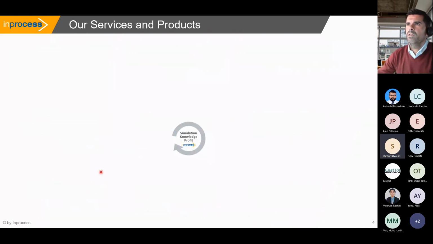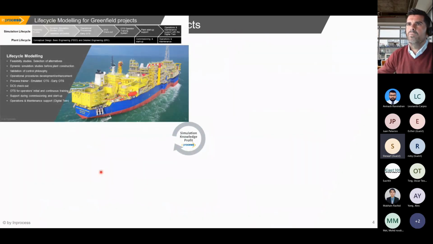So one of the key facts today, we are going to talk in detail about such an approach, which is called life cycle modeling. Life cycle modeling means how to meet the needs that engineering firms and operating companies have along a project execution in a greenfield, like a straight line along the different phases that we need to cover.